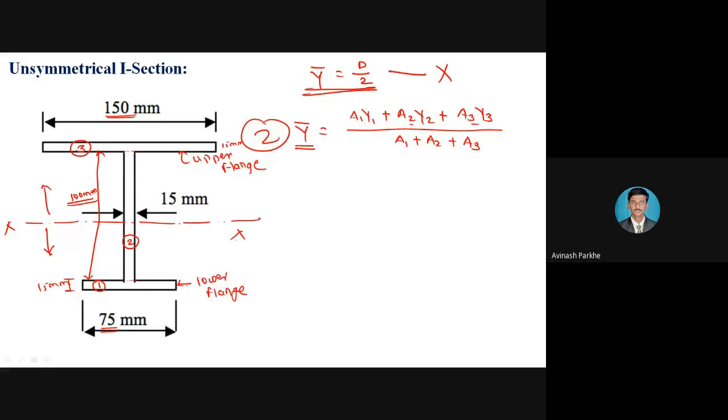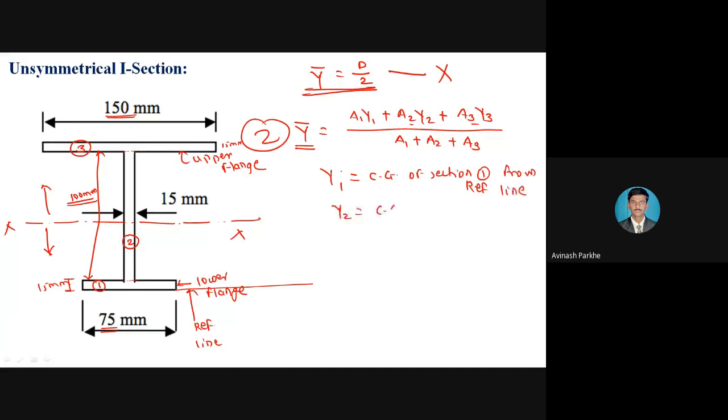Let us see. Again, I will draw the reference line. This horizontal line from the bottom side, I will consider it as a reference line. So Y1 represents CG of section 1 from the reference line.